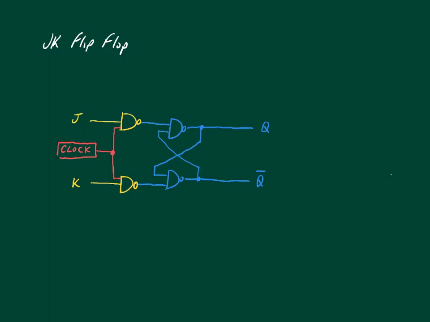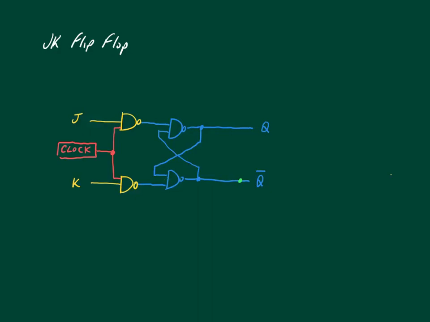The value of Q negated in the SR flip-flop, you can see it was passed into the other NAND gate, and Q was passed into the reset NAND gate.